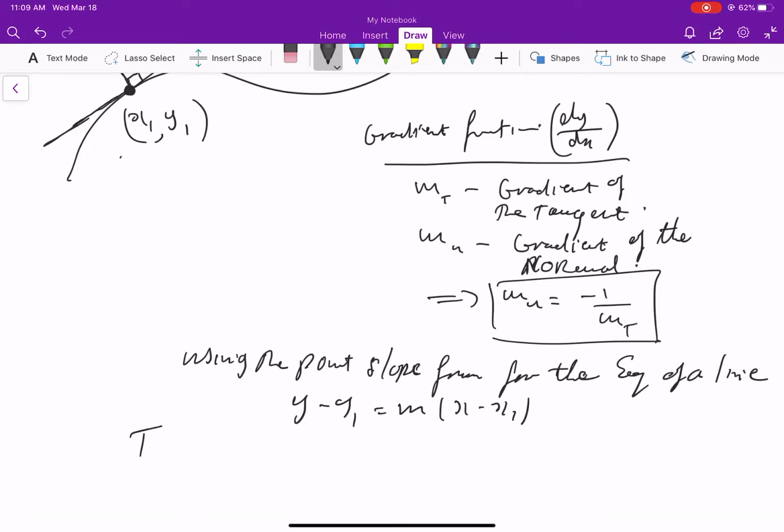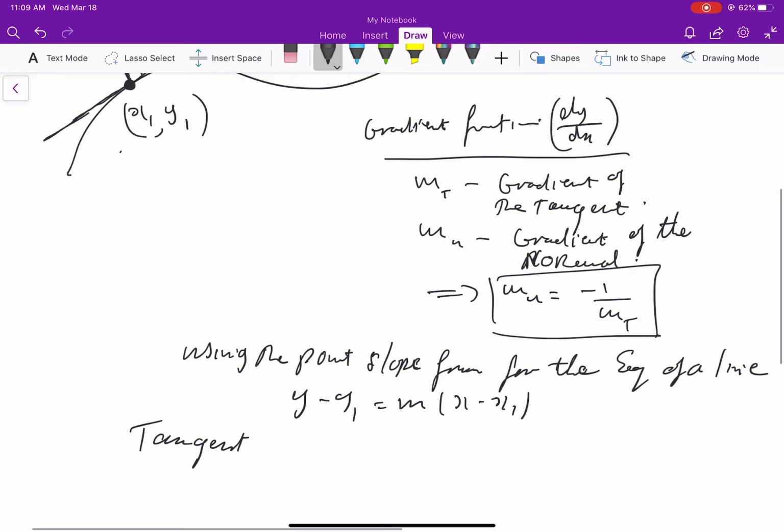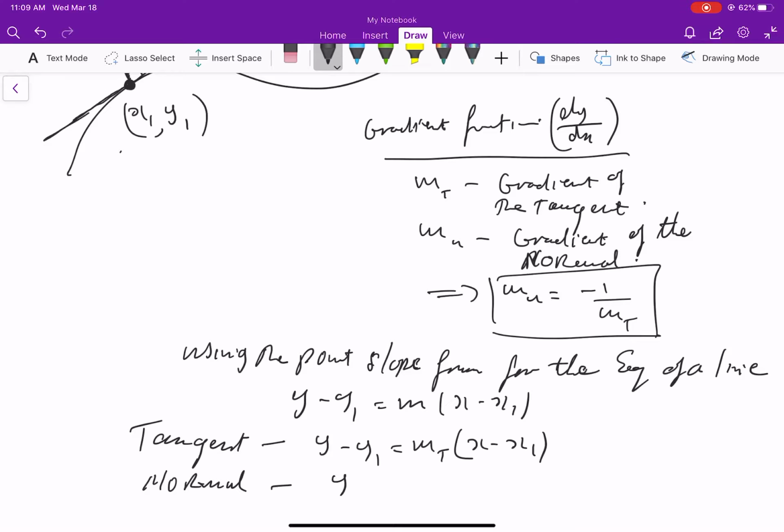Then for the tangent, we simply plug in the coordinates of the point, x1, y1 would remain x1, y1. And the gradient of the tangent, we called it m sub t. Therefore, the tangent would have equation y minus y1 is equal to m sub t, whatever that value is, into x minus x1. For the equation of the normal, that will be written as y minus y1.